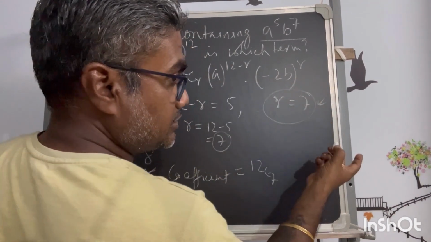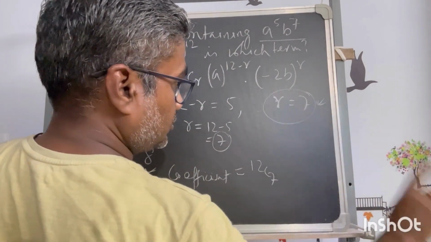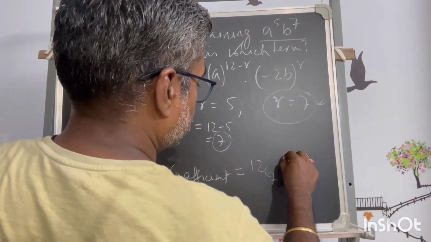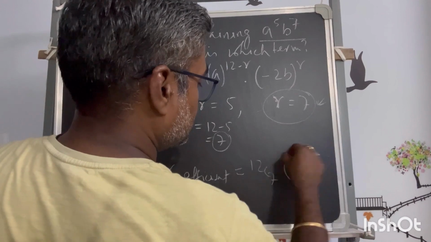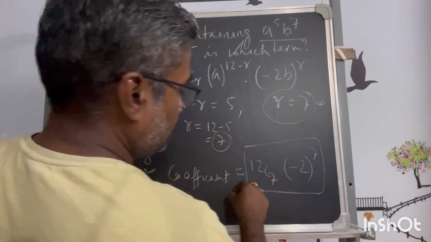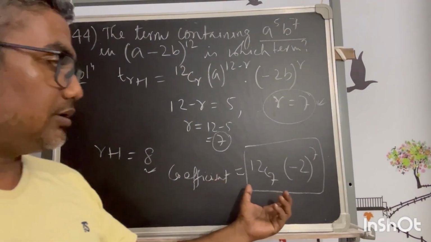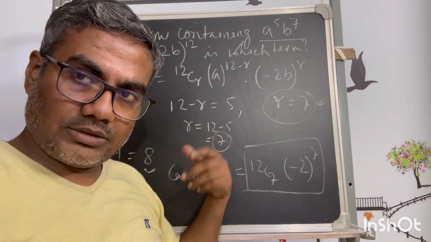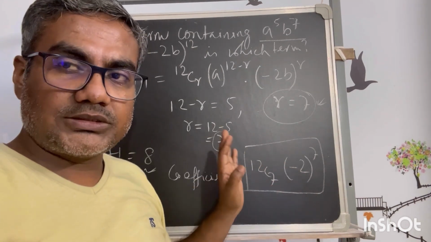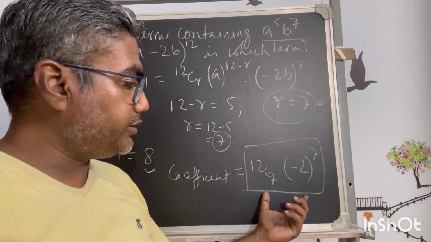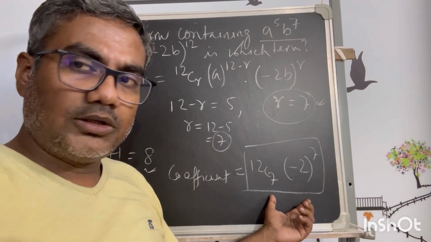A and b are the variables, so we leave them as they are. The coefficient will be minus 2 whole to the power r. Further, if needed, you can simplify this to get the required answer, or if you keep it like that it will also do.